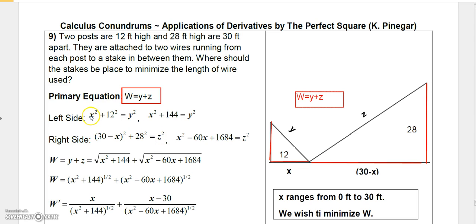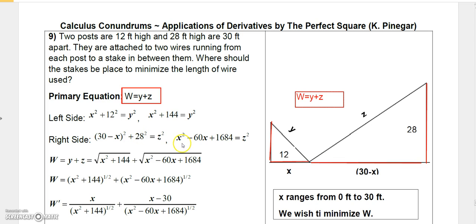If I simplify the left side equation, I get x squared plus 144 equals y squared. If I simplify the right side equation, squaring this I get 900 minus 60x plus x squared, and then I add 28 squared.